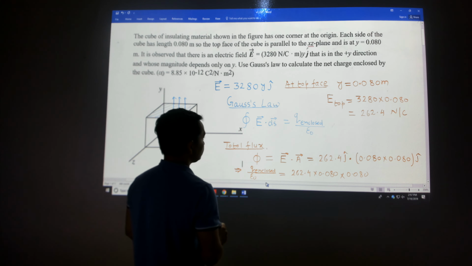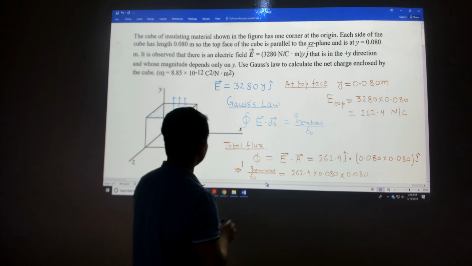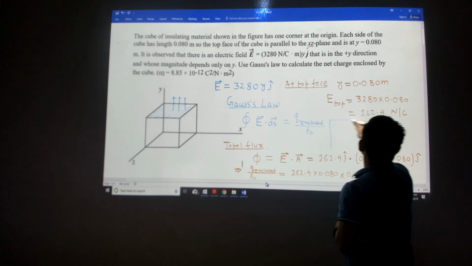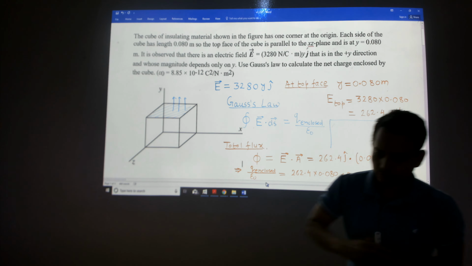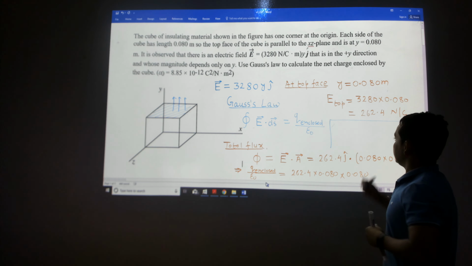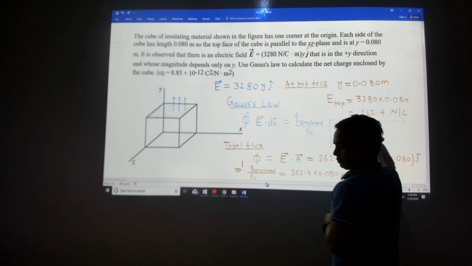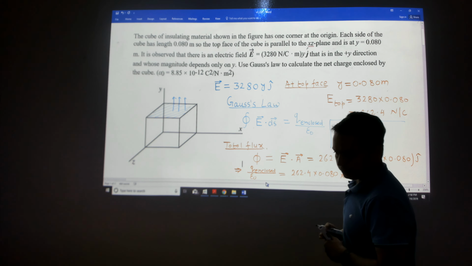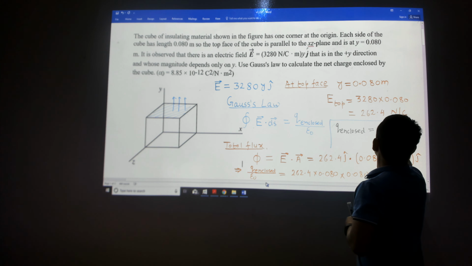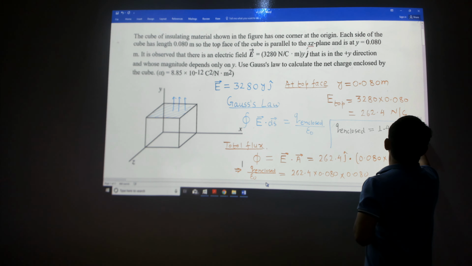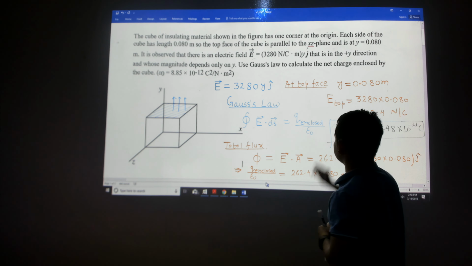If we solve this one, the number you get is 1.48 times 10 to the negative 11 coulomb. This is the value you get.